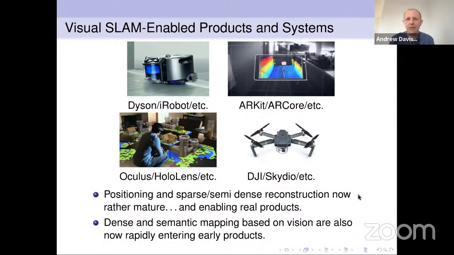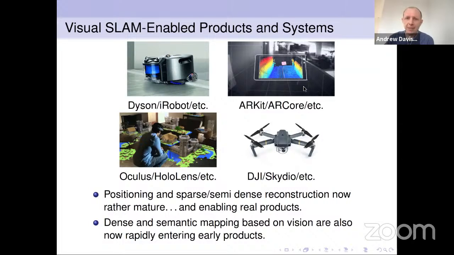But now, of course, this technology is really out there in products, and here's just a sample of some of the types of products that actually already do visual SLAM. So things like robot vacuum cleaners. This is the one from Dyson that I was personally involved in working on with the team at Dyson. But other companies, including iRobot, have vision-enabled robot vacuum cleaners.